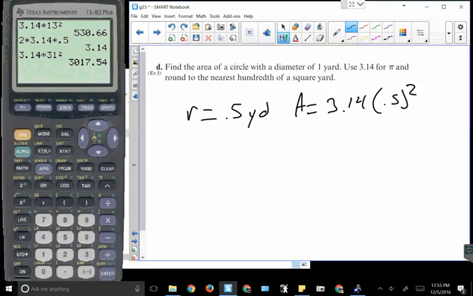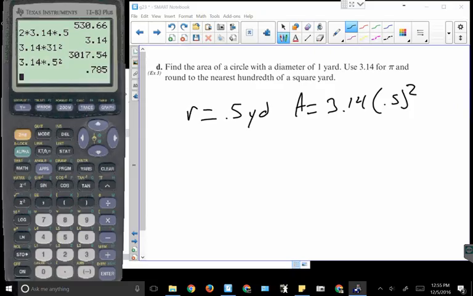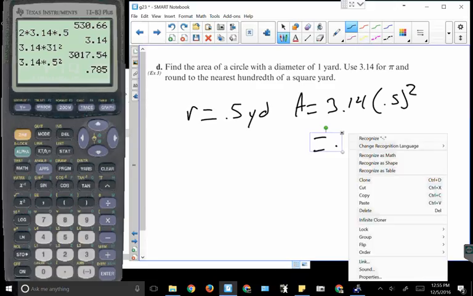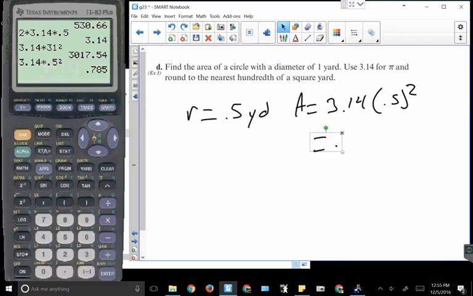Reading is always a good thing. So 3.14 times 0.5 squared, and we end up with area equal to 0.78. See, now you said 9.